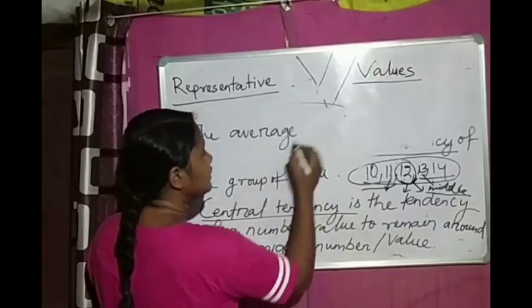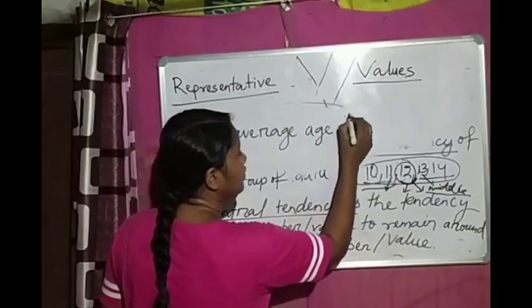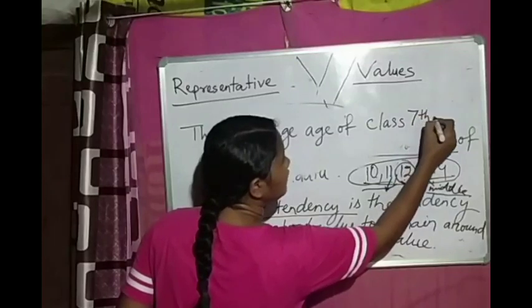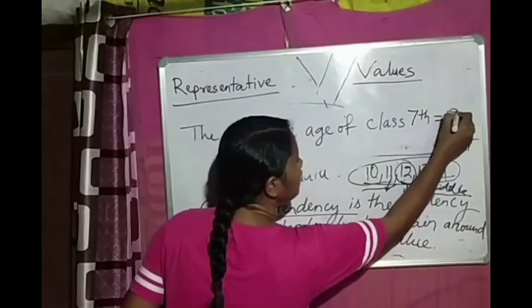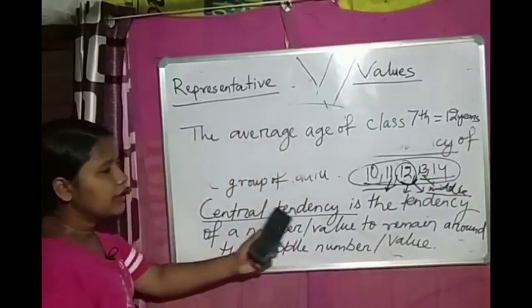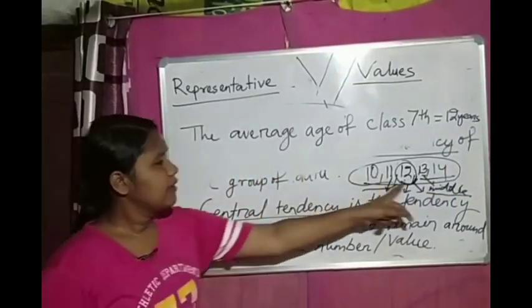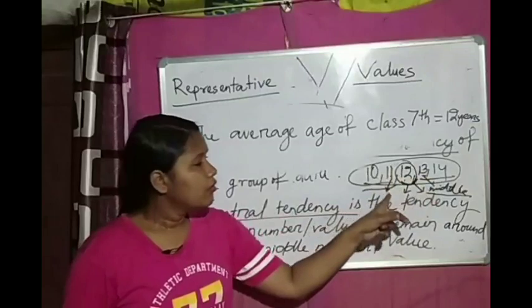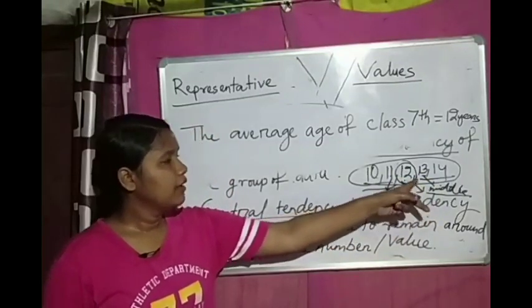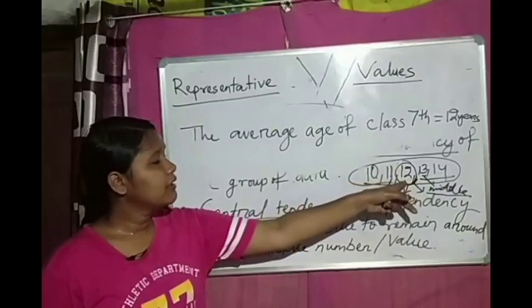The average age of class 7th is how much? 12 years. But central tendency what? These numbers or values which always want to remain close to the middle value.